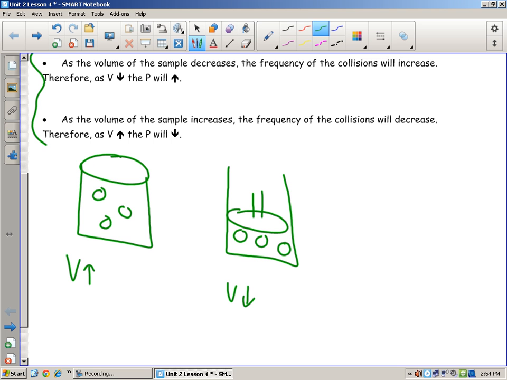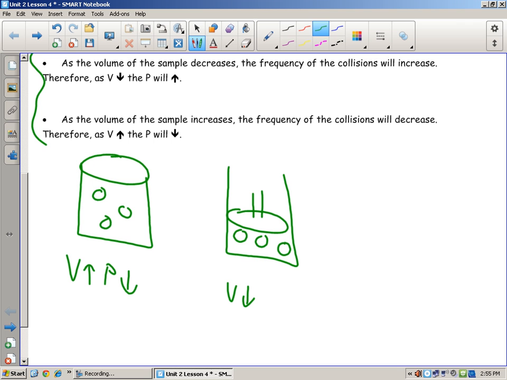When we talk about pressure, we talk about the collisions between gas molecules. Well, in a larger volume, you're going to have less collisions, because there's more space between the molecules, so they're going to bump into each other less often. They're going to bump into the sides of the container less often. So therefore, the pressure is going to be low in this container here.